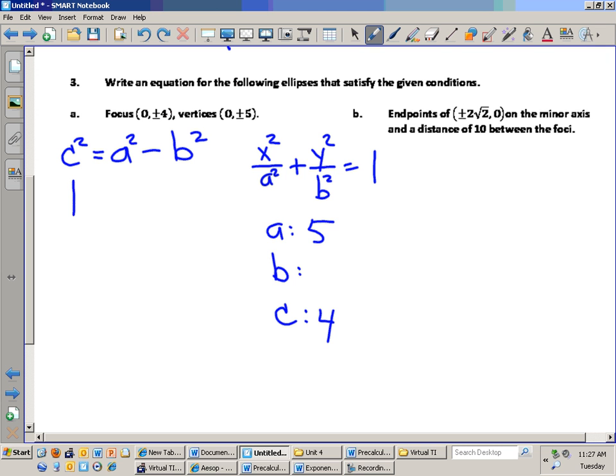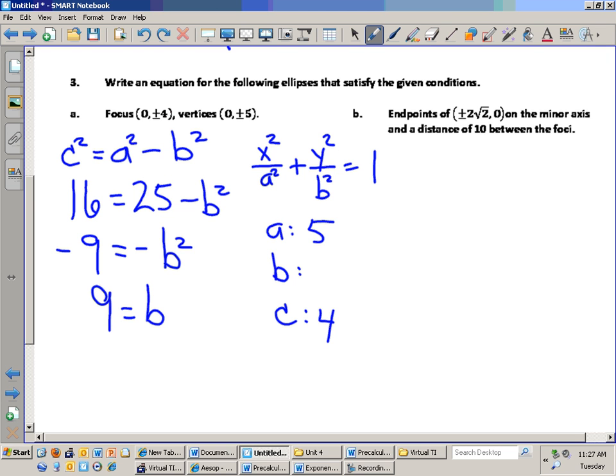C squared will be 16. A squared is 25 minus B squared. We subtract the 25, negative 9 equals negative B squared. Divide by negative 1, 9 is B squared, so B is 3.